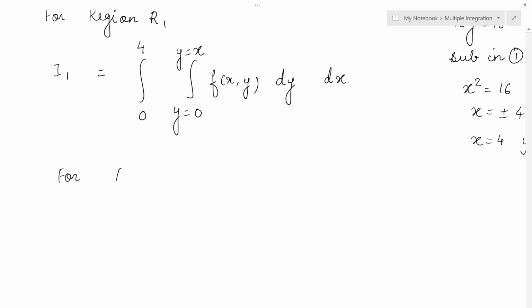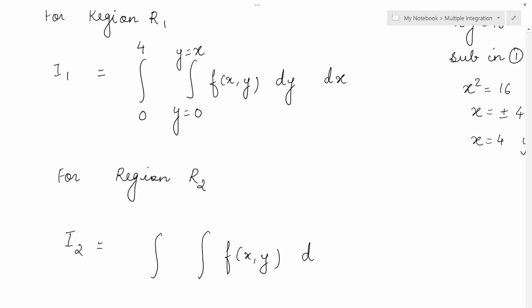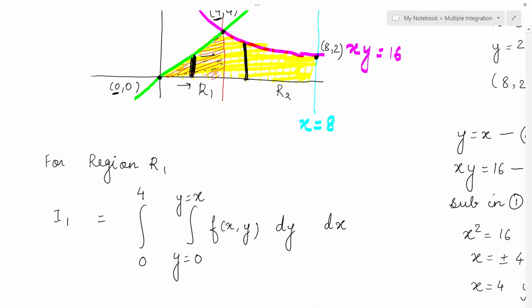Now let me see for the region R2. So for the region R2, my second integration will be again same. The function f of xy is unknown to me, so we need not integrate for this sum. The limits for y, now if we look at this, the strip starts from x-axis. In the region R2, the strip starts from x-axis and ends at the pink curve.